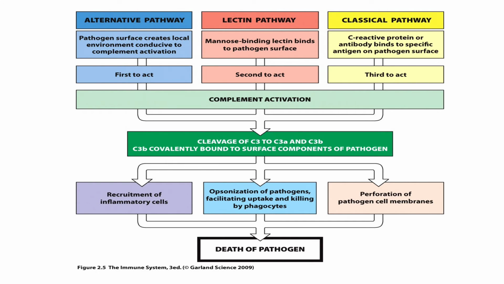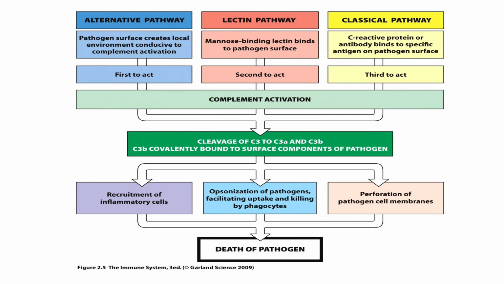In the immune system there are 3 pathways, which are the alternative pathway, lectin pathway and also classical pathway, which function to make sure those antigens or aliens that get into our body can be discarded from our system. For the alternative pathway, the pathogen surface creates a local environment conducive to complement activation, and this is the first act.